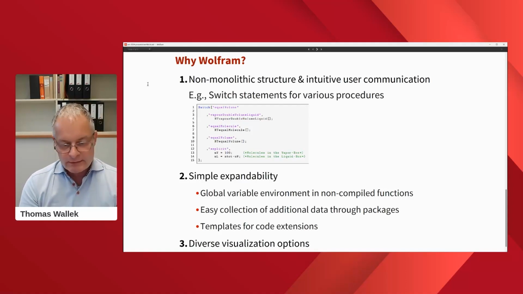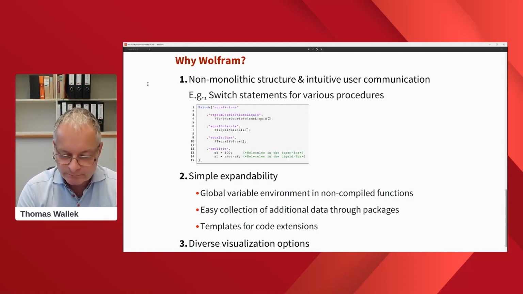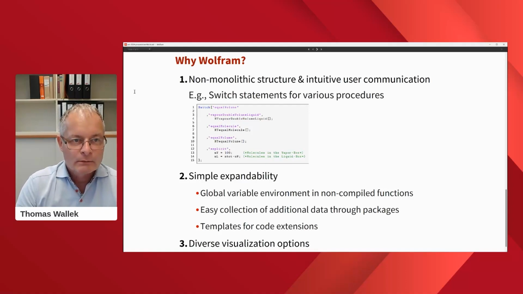And for these reasons, it was attractive for us to fully implement a Gibbs-Ensemble Monte Carlo simulation in the Wolfram language ecosystem, mainly addressing three goals. In particular, first, to provide a fairly intuitive user communication, for example, using switch statements for various procedures.